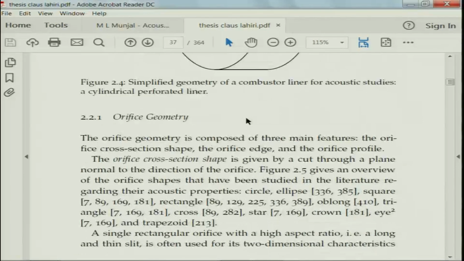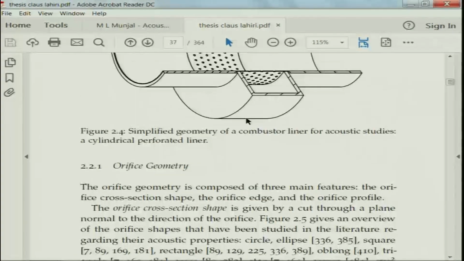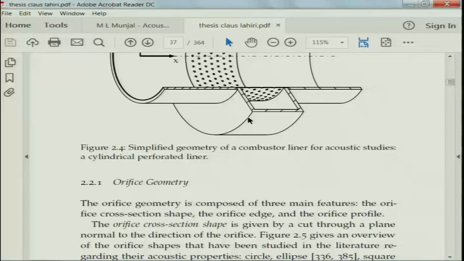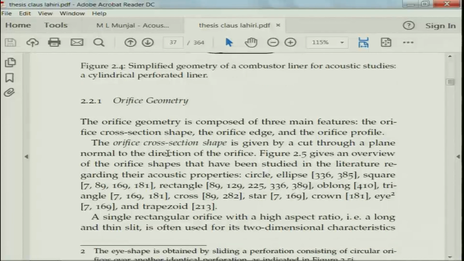These shapes are also known as orifices. They are basically small holes in thin bent pipes or something like that. They need not necessarily be of circular shape, they can be of a number of shapes. They are called orifices, and as he mentions, the orifice cross section shape is given by a cut through a plane normal to the direction of the orifice.